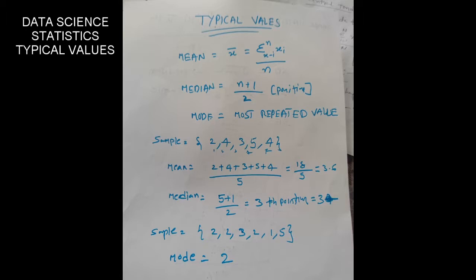Then we will call 2 the mode of our sample. If we have one sample that contains 2 values that repeat the same number of times, then we will call both of those numbers the mode of this sample.